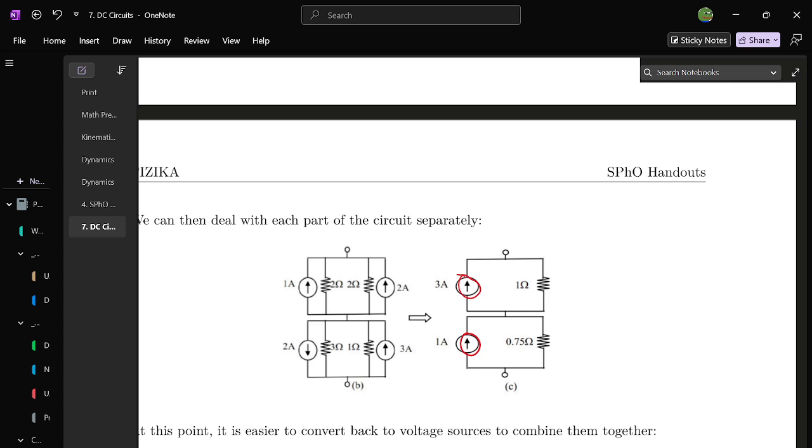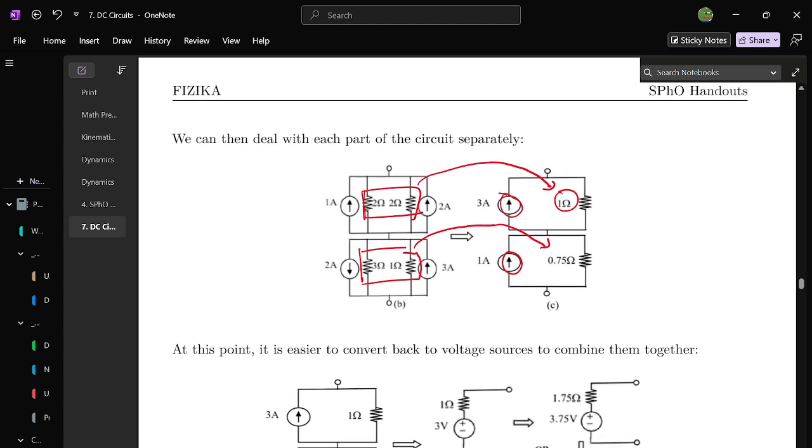So your resistance here is just in parallel, and then your currents are just added or subtracted based on the direction. So now the circuit's really quite simple.